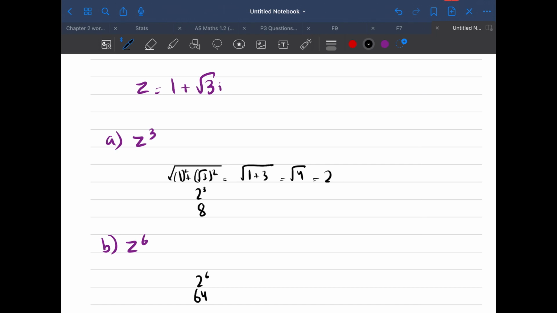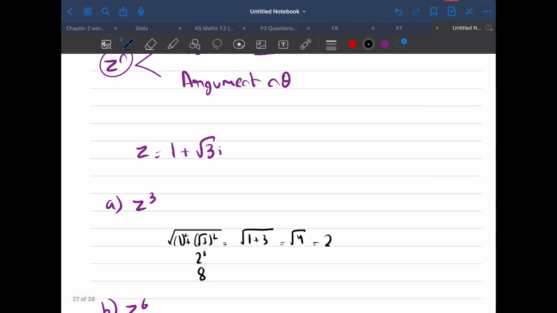Do you get this? Now argument क्या होगा बच्चे? Argument बच्चे currently क्या है बच्चे? 1 plus under root 3 का argument है बच्चे pi upon 3. That's what बच्चे 60. Pi upon 3. If you multiply this by 3, क्योंकि argument क्या होता है n theta. So pi upon 3 into 3 becomes pi.